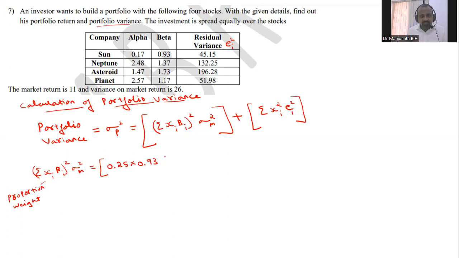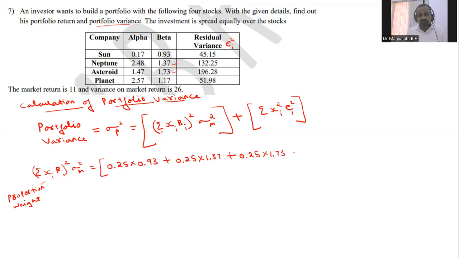Now, I will be writing plus because we have a summation, right? Since there is a summation, I'll proceed with 0.25 for the second company, that is not shown, multiplied with its beta of 1.37, plus the weight of the third security, that is Asteroid, multiplied with 1.73.